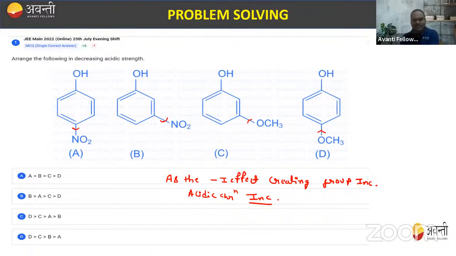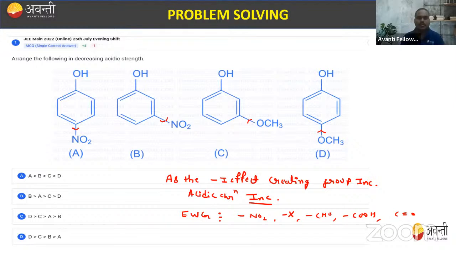And minus I effect creating group means what, beta? That is electron withdrawing group. I'm talking about electron withdrawing group, like NO2 we have, halogen we have, CHO we have, COOH we have, CO we have. These all are electron withdrawing groups. So as the electron withdrawing group increases, acidic character also increases due to the minus I effect creating group.